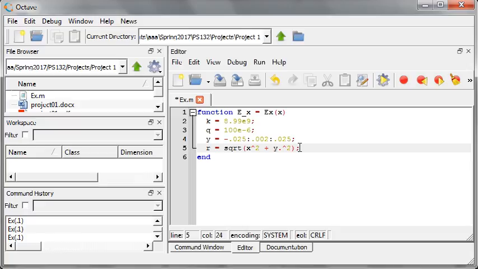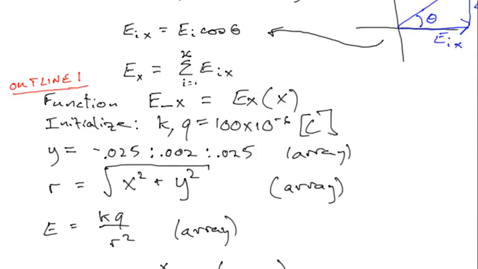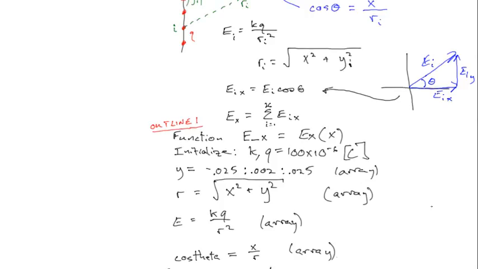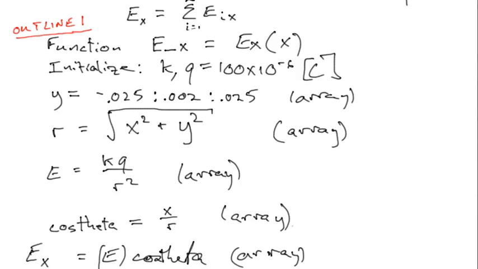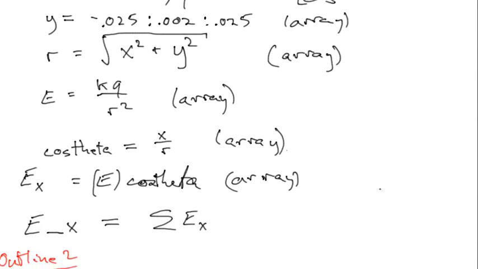Put the semicolon afterwards. If things don't make sense, we can change that later. What do we got? And calculate the E. I'm going to try to look ahead a little bit. E, and then the cosine theta, x over R, and E times cosine of theta.